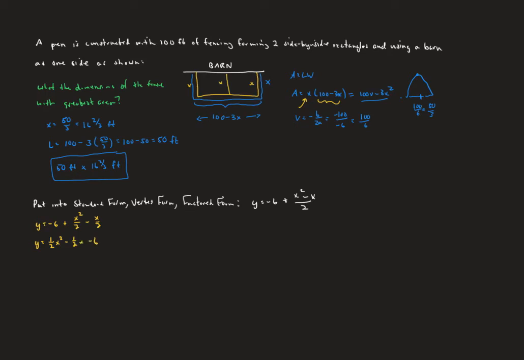Now that is our form y equals ax squared plus bx plus c. So that is going to be our standard form. So let's see if we can maybe try to put that in vertex form.